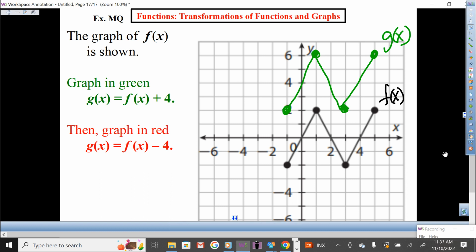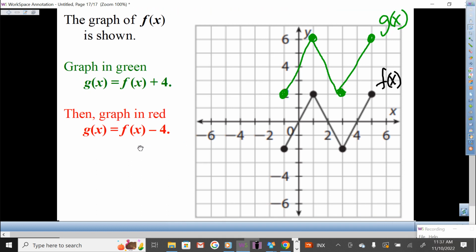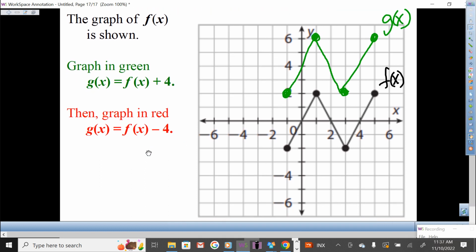All right. And right now you're working already on the red one, yes? From the original to the red one. So we have our original right here, f of x, and we need to get g of x.